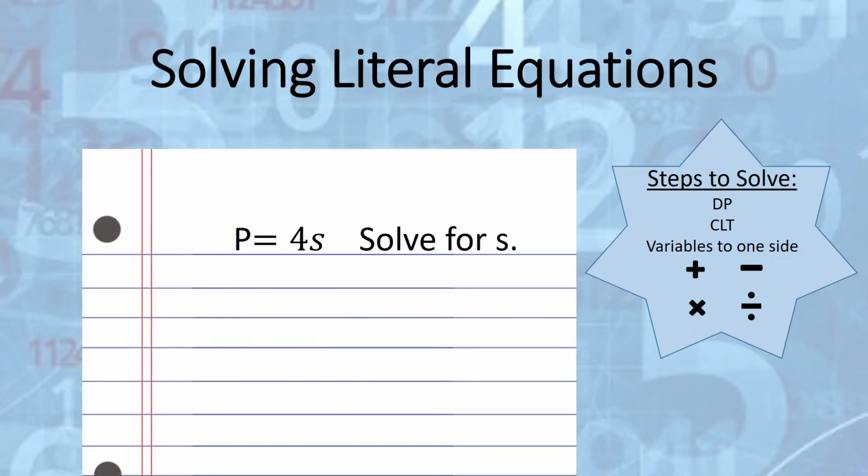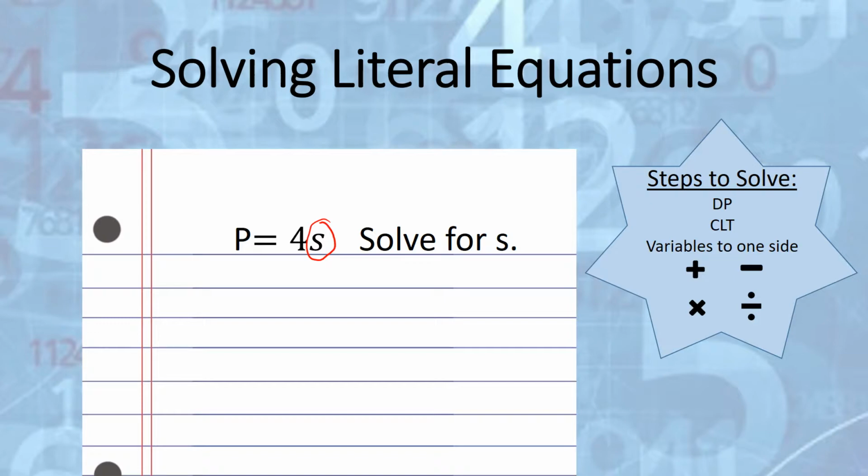Here is another formula you may recognize. It is how to find the perimeter of a square. P equals 4s, and they want us to solve for s. So again, I'm going to circle the s. Do I have any distributive property? No. Can I combine like terms? Nope. Is my s only on one side? Yes, I'm good there. Is anything being added or subtracted from the s?